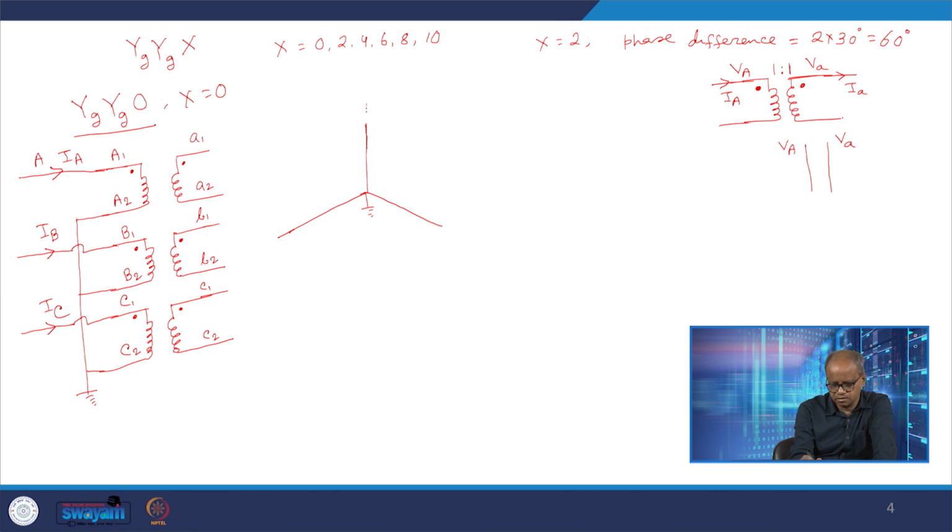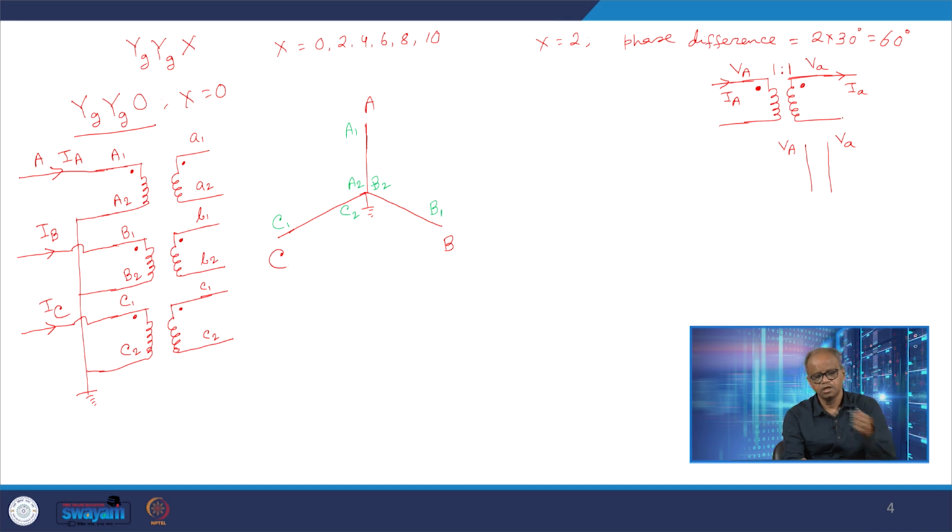So this is phase A, this is phase B, this is phase C. From this diagram, what we have done is connect A2, B2, C2 together and ground them. So as far as terminals are concerned, this is A1, this is A2, this is B1, this would be B2, and this is C1, this would be C2.